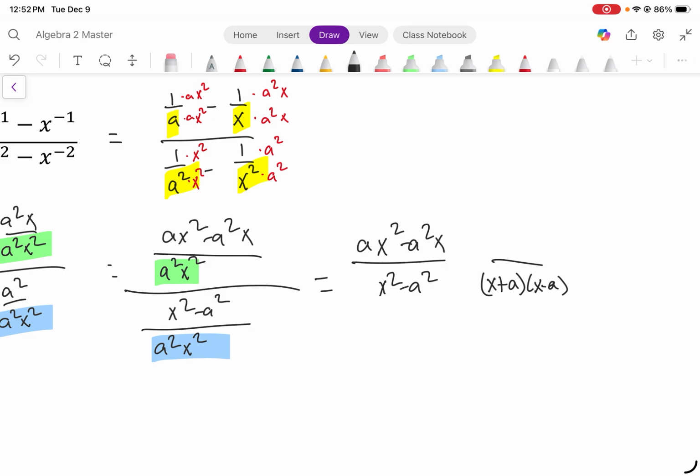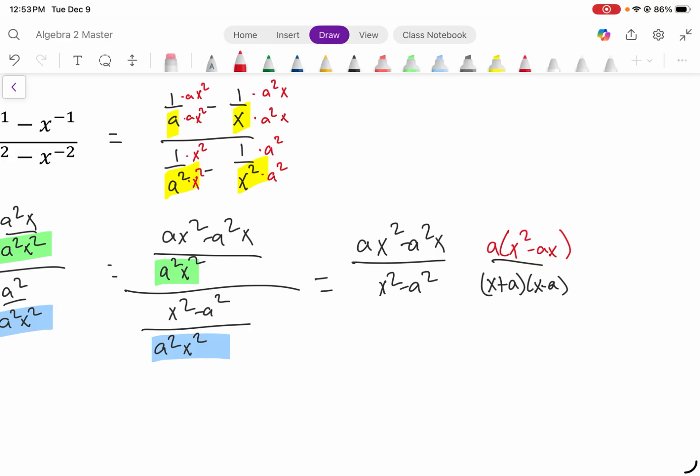Okay, on the top, I need to try to find something that might cancel with one of those, if I can. It's not guaranteed that I can, but I'm going to try. So the first thing that I notice is that they both have a common factor of a. They both have an a, so I can start with an a. That leaves me with an x squared minus ax.